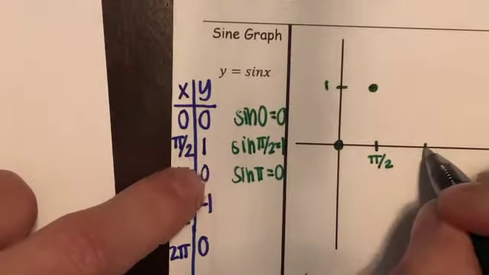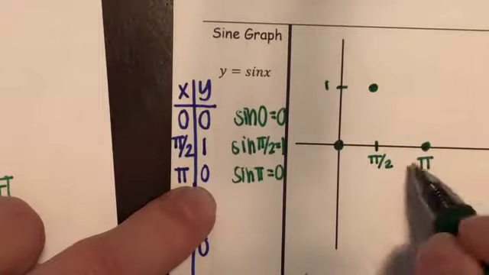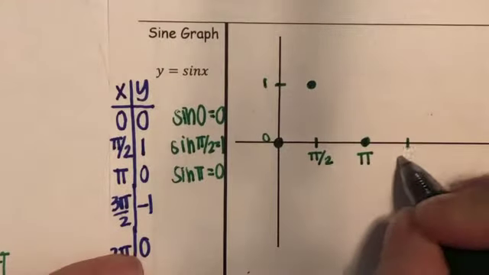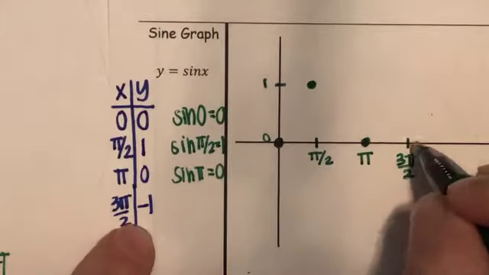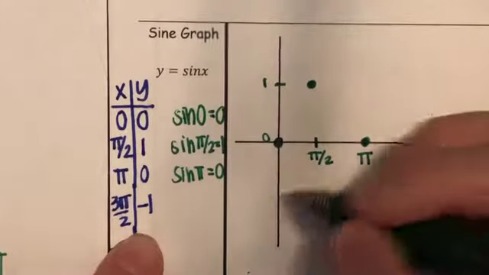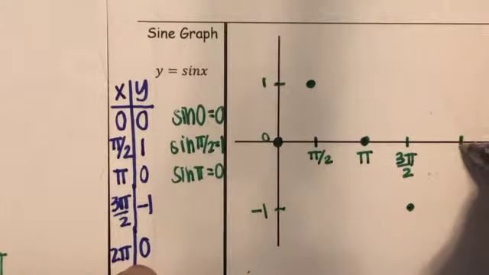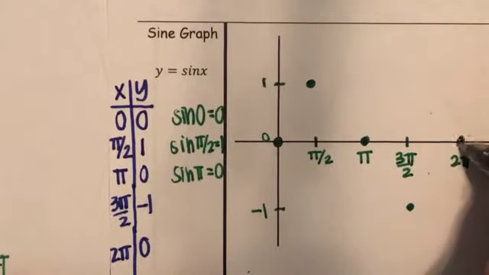Then my second x value was pi. I have a point at pi, 0. So we put the point there. Then we have a point at my next x, which is 3 pi over 2. That's going to be -1 down here. And then at 2 pi, which is going to be at 0 again.